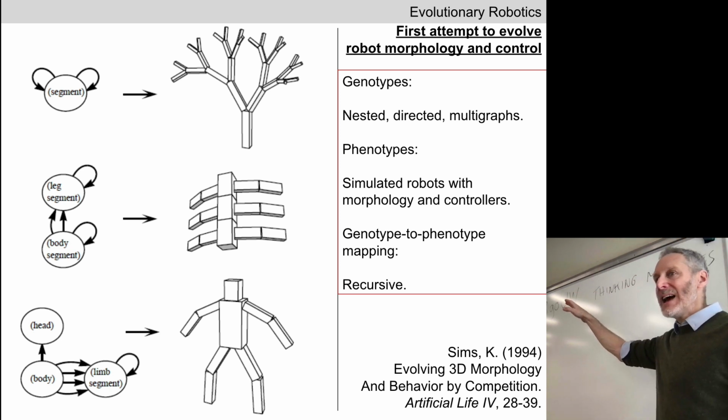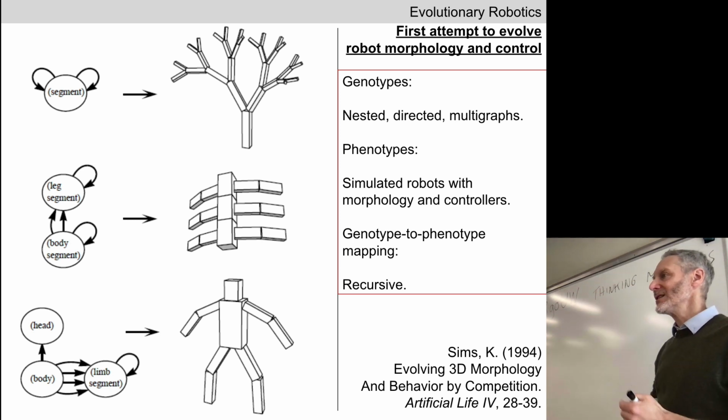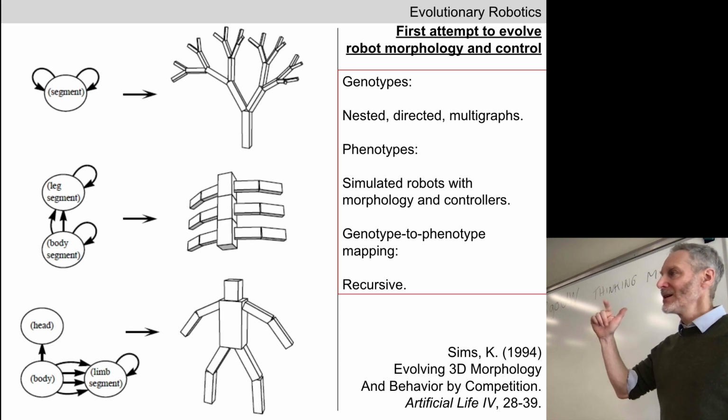The genotype, again, can specify more or less of the phenotype. Some aspects of the phenotype are specified manually up front by us, and we turn some of those phenotypic parameters over to the genotype, or encode them in the genotype, and let evolution figure out what those parameters should be. Yeah? Okay, that's the genotype to phenotype.